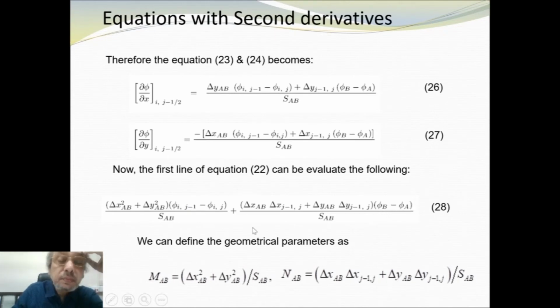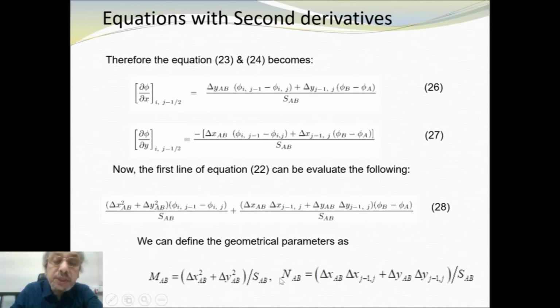So we can say that the first term is basically MAB into phi I j minus 1 minus phi I j, where MAB is a term comprising of geometrical parameters. Similarly, the second term, phi b minus phi a, is being multiplied by a quantity which is again a geometrical parameter.